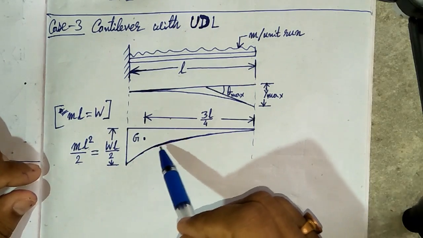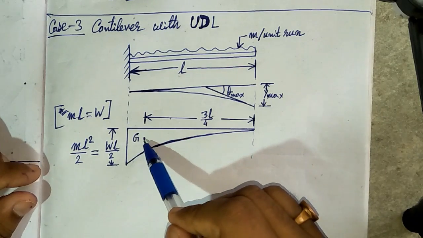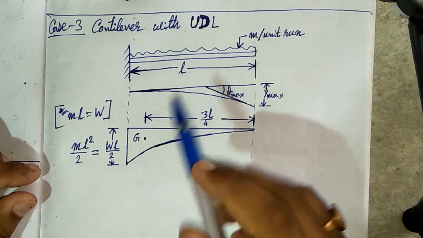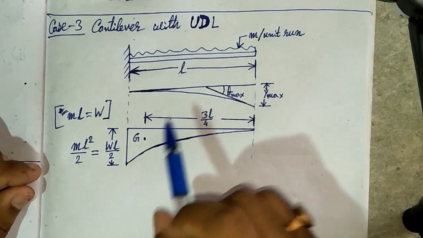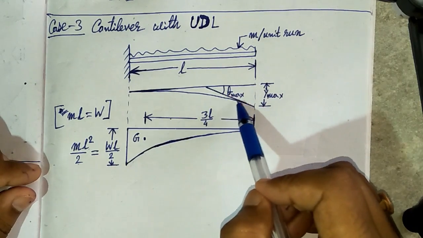This is the bending moment diagram. The CG of the bending moment diagram is situated at 3L by 4 length from the free end. The second diagram shows the maximum deflection and the maximum slope.